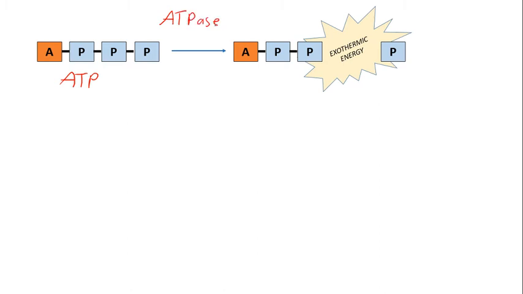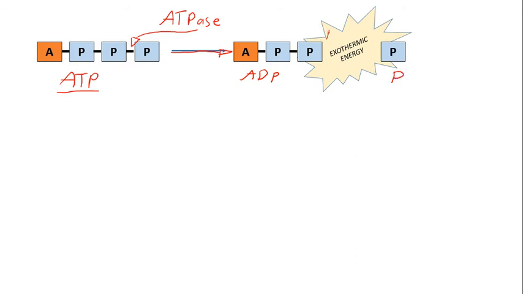So ATPase is an enzyme which is causing this breakage in the third bond. So ATPase breaks down ATP to form ADP, which you can see there, so adenosine diphosphate, as well as the spare phosphate molecule there.